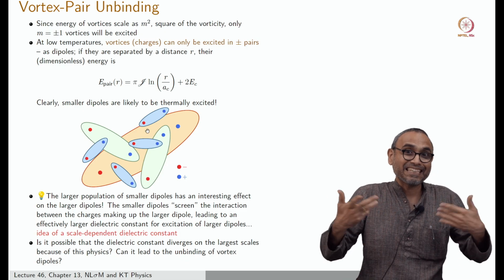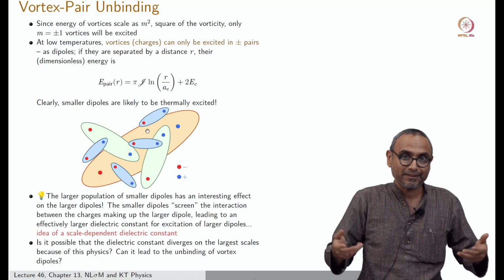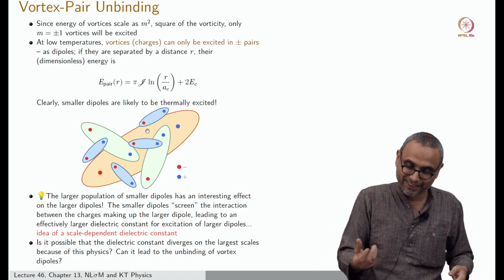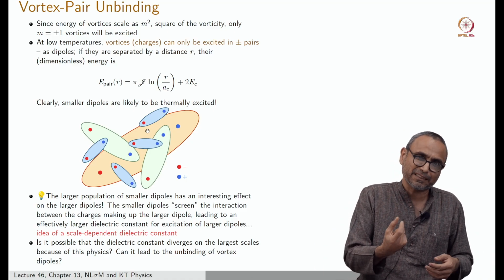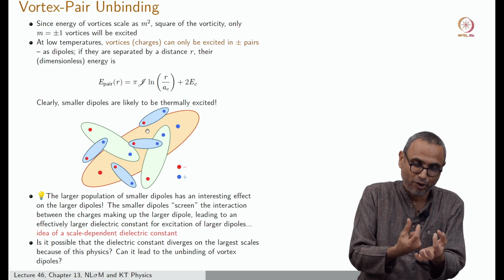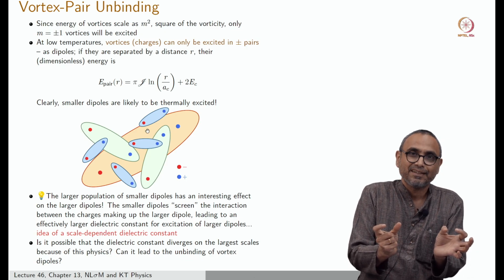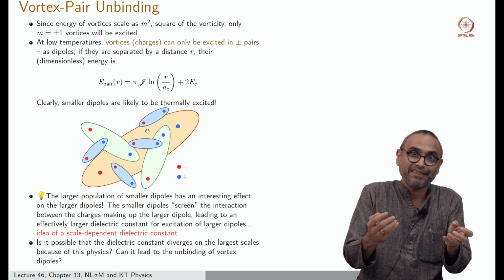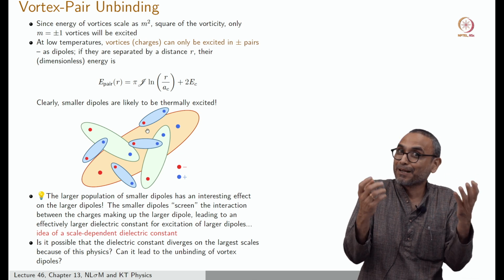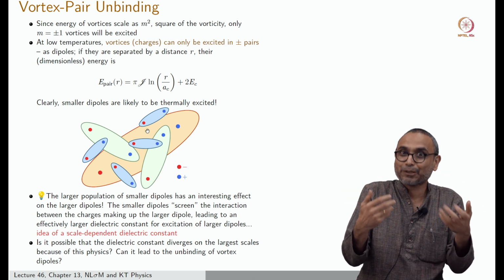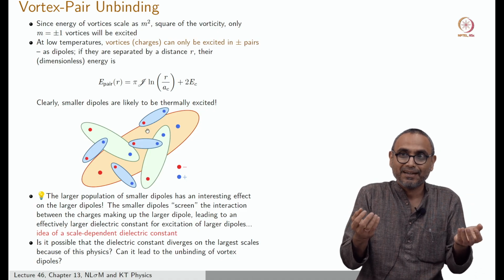The question is, can this process go on and on and on? If I start increasing temperature, I start developing a small population of very small, tightly bound dipoles. But once I have that population, it becomes easier to excite slightly longer dipoles, and so on.